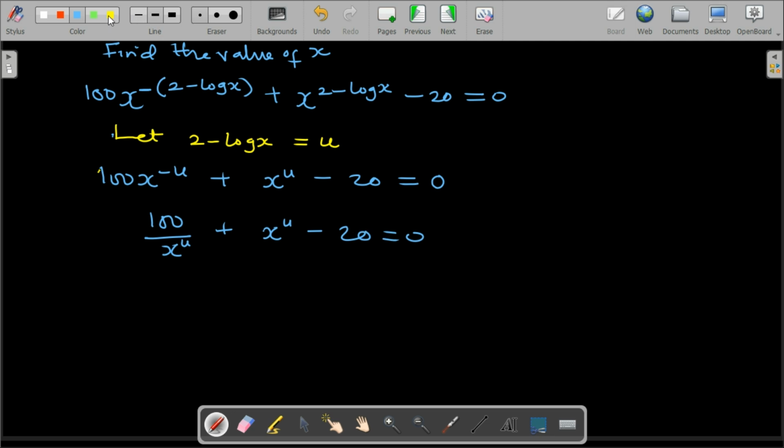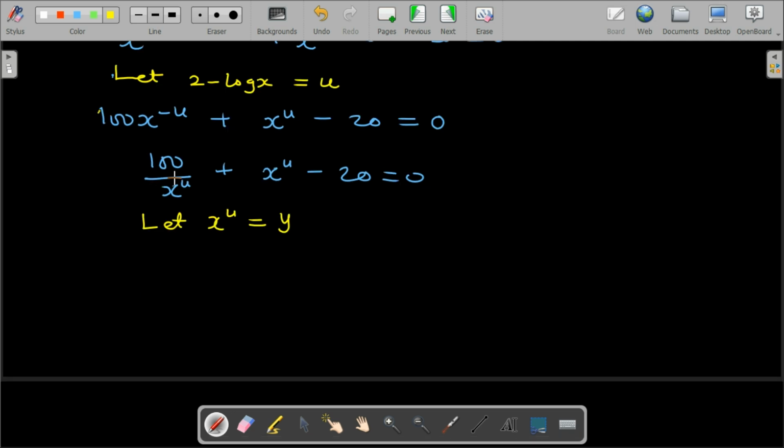We could also use another letter to represent x to the power of u. Let x to the power of u represent another letter, let's say y. Then the consequence is that we have 100 over y plus y minus 20 equals to 0.